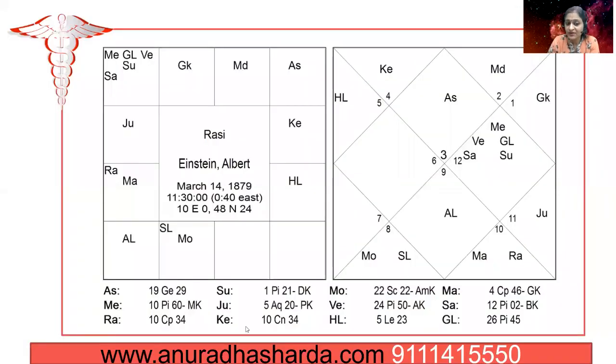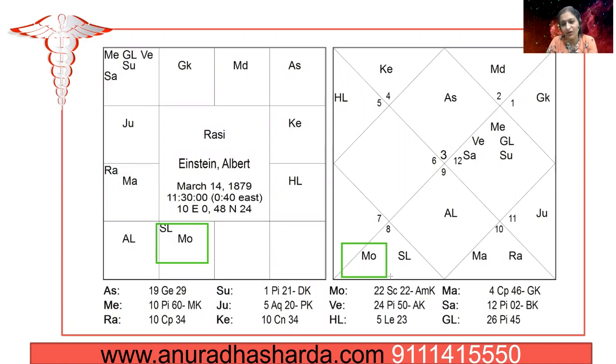So as we move on to understanding diseases through the nakshatras, we take the chart of Albert Einstein. Moon here is in the Anuradha nakshatra, and we all know that Anuradha is Saturn's nakshatra, and Saturn is the eighth lord. So this shows chronic disorders.